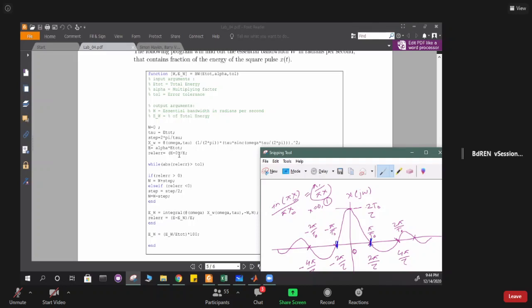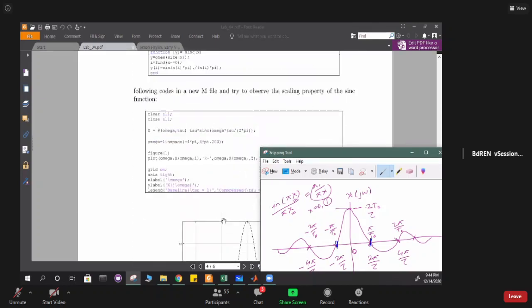If it is less than 0, we change the step value to half, and then reduce the W value to W minus step. Then we perform the integral to find the energy EW, and after that we calculate the relative error as E minus EW by E. EW has been calculated with the limit from minus W to W, isn't it? Yes, sir.